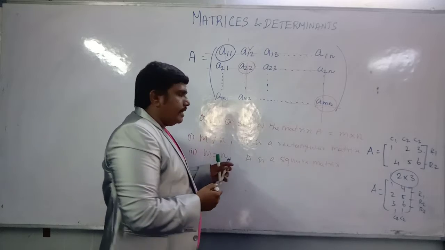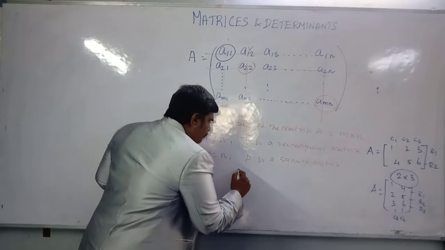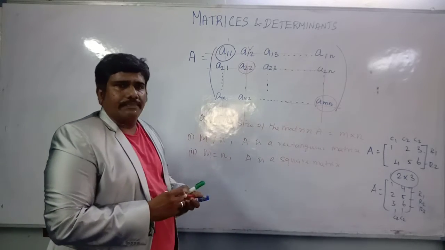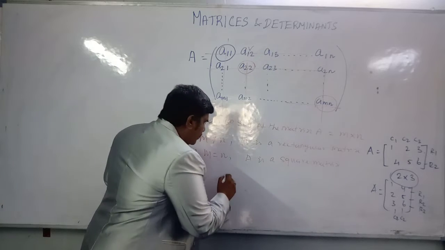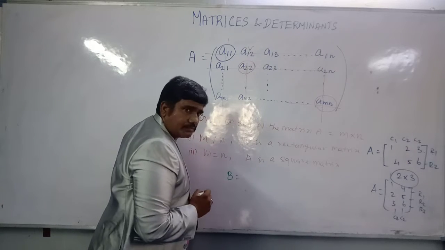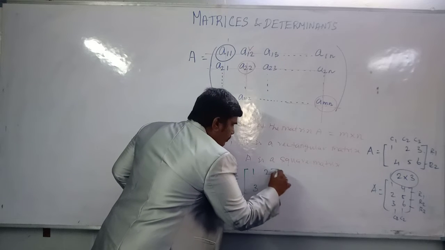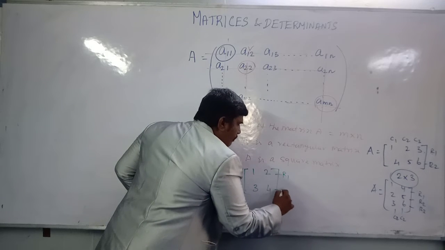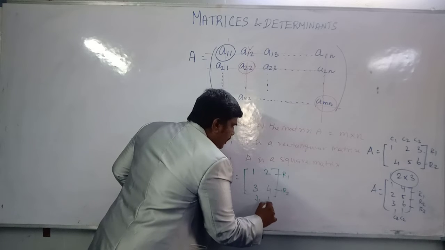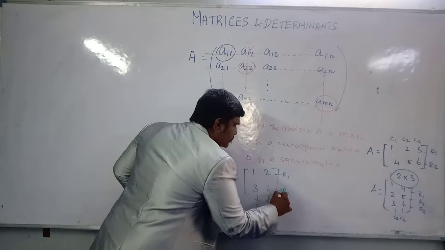But if you take a square matrix, the number of rows and number of columns would be the same. So for example, if you take B as a matrix, I am just writing 1, 2, 3, 4. Here we have 2 rows and 2 columns.